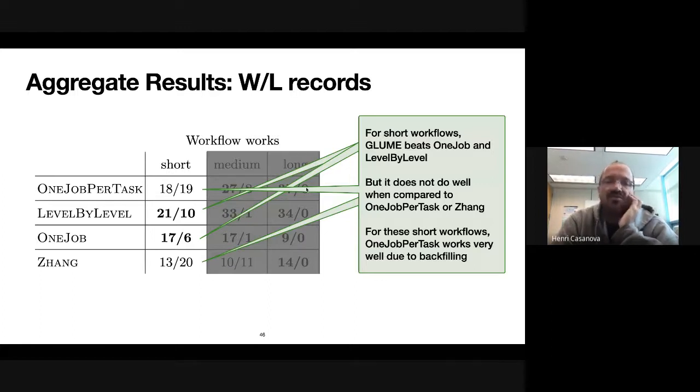So there's no real way to do much better than one job per task. And Zhang does well, but that's because it defaults to one job per task. So that's expected if your workflows are tiny. The good result is really that as the workflows get long, then we have a non-losing record. And of course, people are in this game to do long, expensive workflow executions typically.